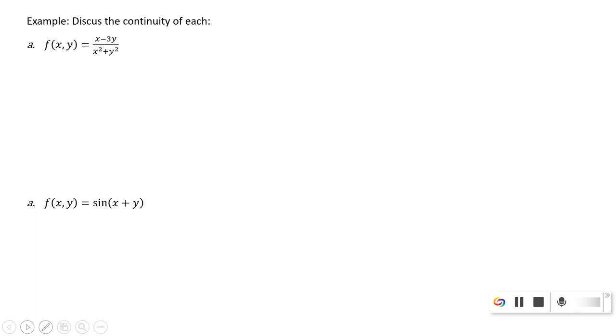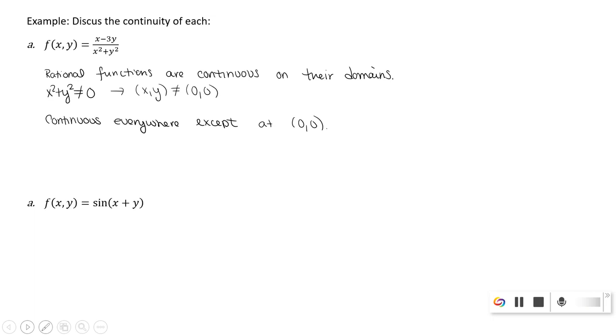Okay, so for part A, again, we have a rational function. Rational functions are always continuous on their domains. And so to find the domain of this function, the denominator can't equal 0. We can't divide by 0. So that means x squared plus y squared cannot equal 0. And x squared plus y squared will only equal 0 when both x and y are 0.